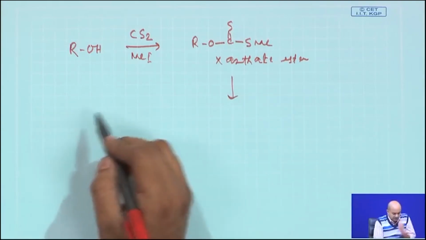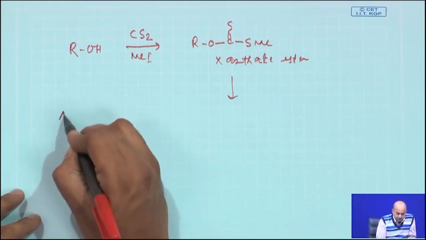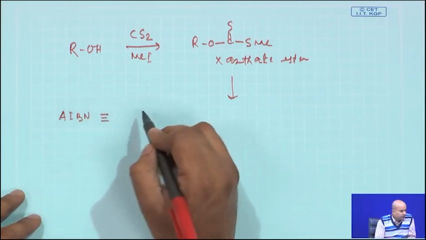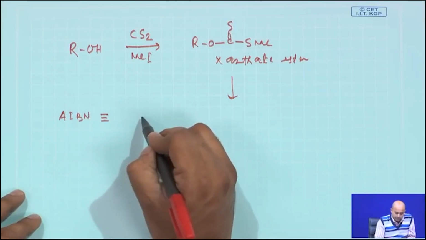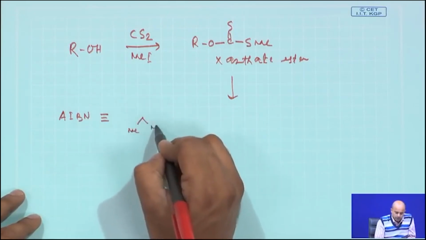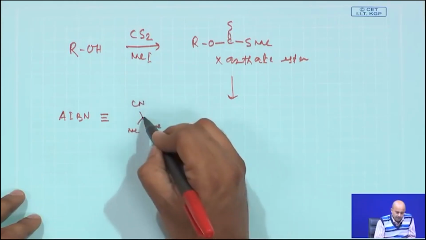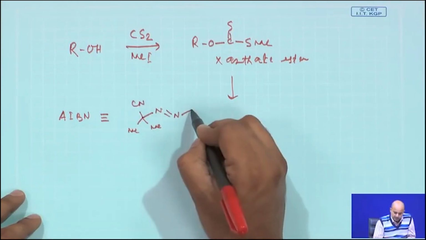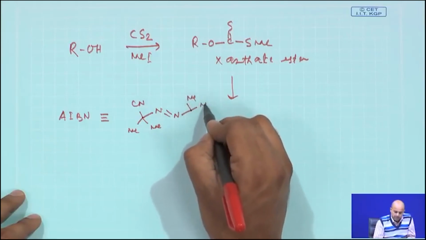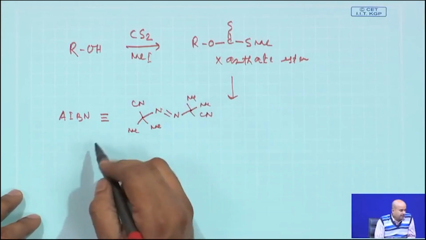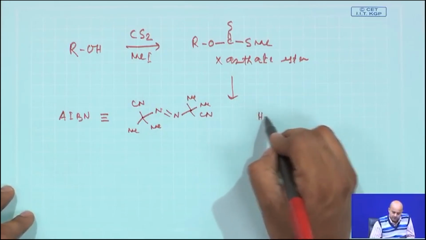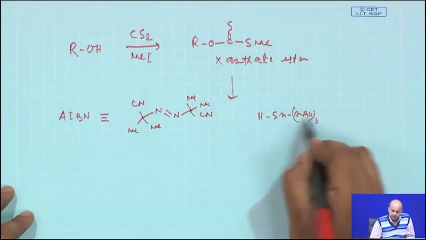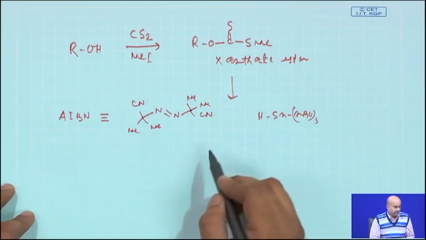And for this radical fragmentation, normally we use, as I said, two reagents: AIBN, which is azoisobutyronitrile, whose structure is isobutyronitrile, MeCN, then this having the azo, and then the remaining part, MeCN, and you have Bu3SnH, whose structure is normal butyl whole 3 SnH.